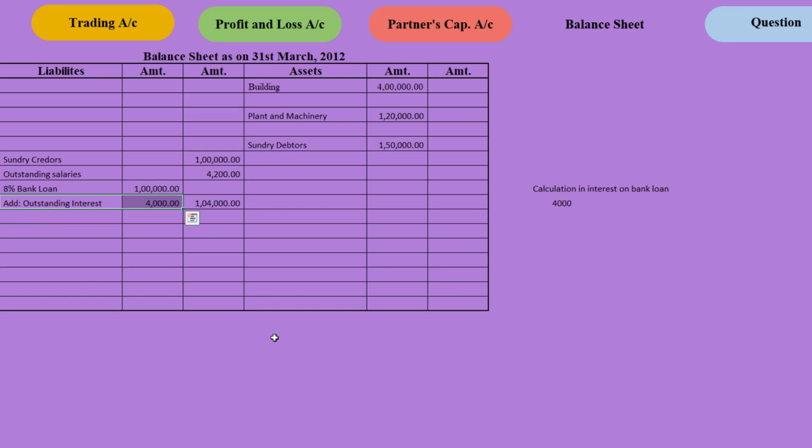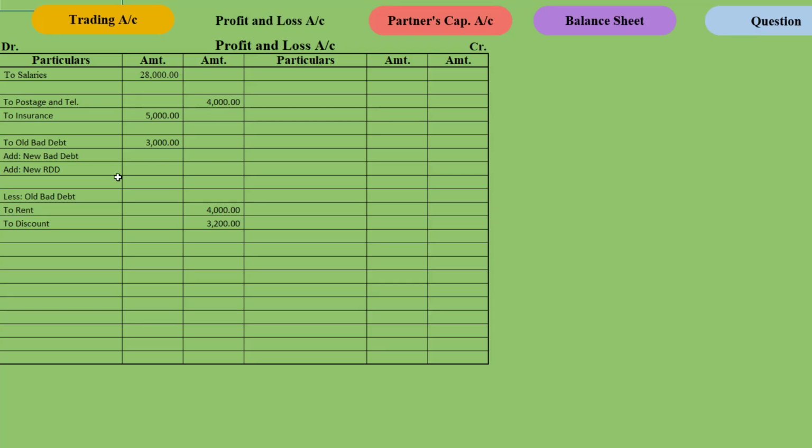Since it was hidden adjustment, we need to give second effect. Second effect will go to profit loss account debit side because this is an expense to the business. Outstanding interest 4,000.